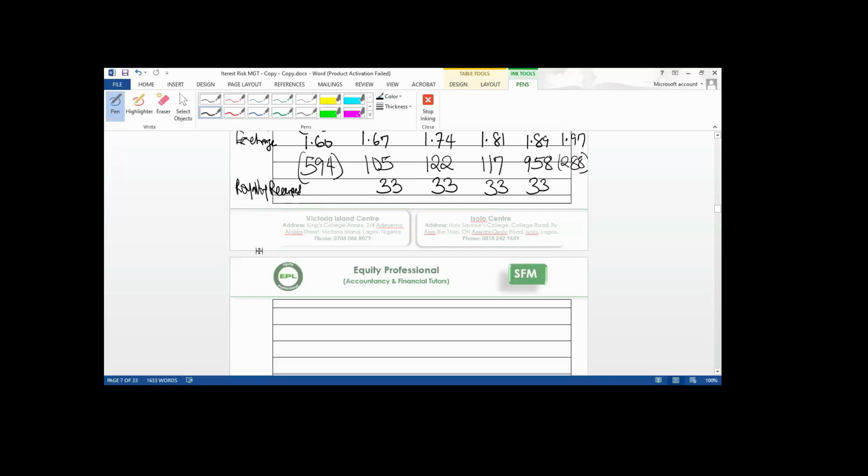That means tax must apply on it. As soon as you get to Nigeria, there's going to be tax here. 40%. That tax will only affect royalty. 40% of 33 million. Please compute.